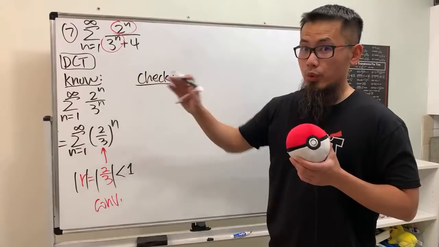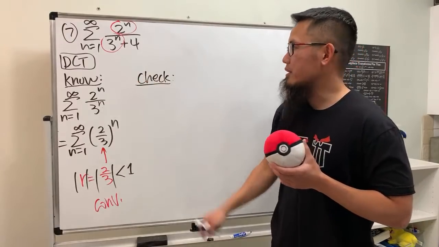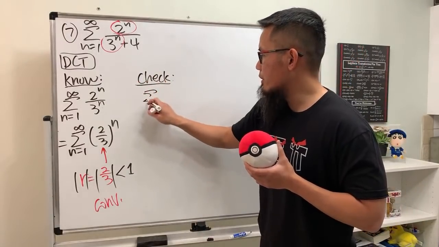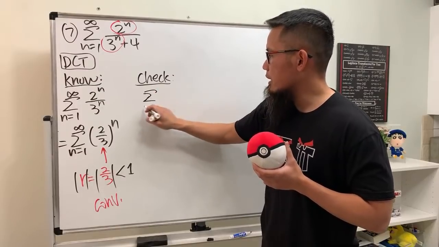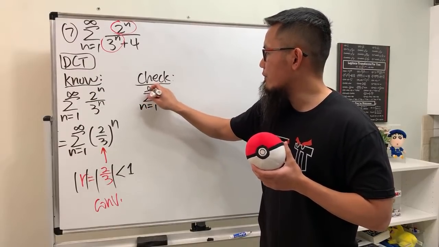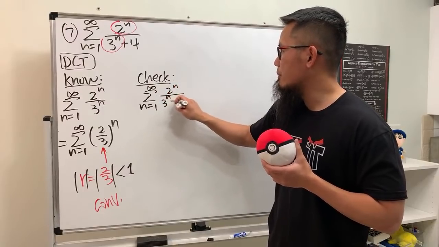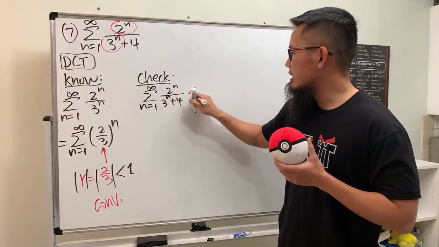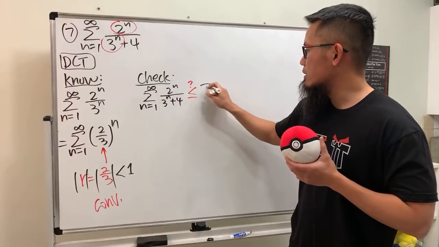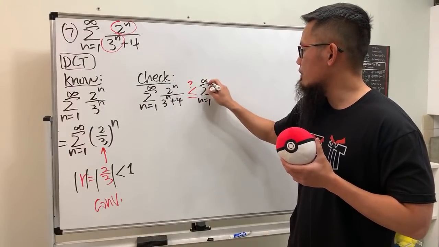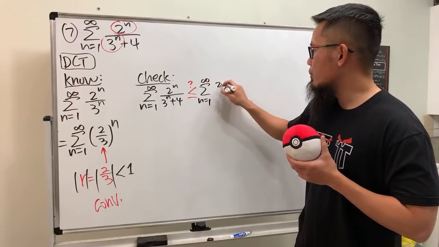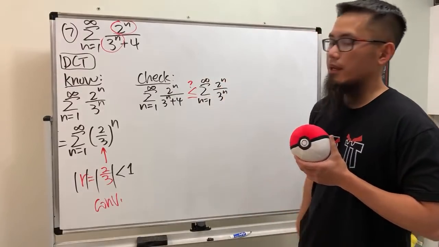Direct comparison test, we will do the inequality. Put down the one that we are trying to do. So the series, as n goes from 1 to infinity, of 2 to the n over 3 to the n plus 4, is this less than or equal to the series as n goes from 1 to infinity of 2 to the n over 3 to the n?